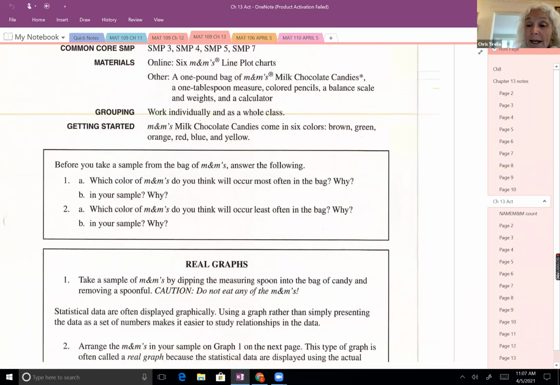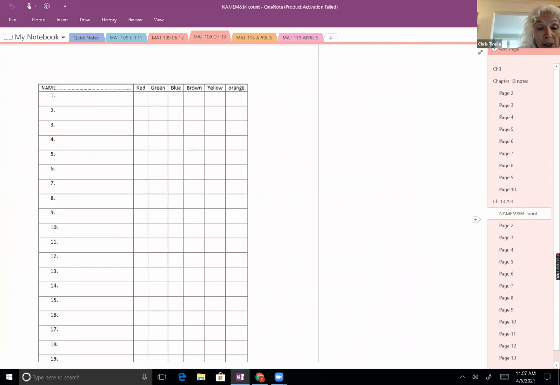We need that information from the class. And so I'm going to give you my counts here. And this tally sheet is going to be after the first page of this activity in with today's notes.